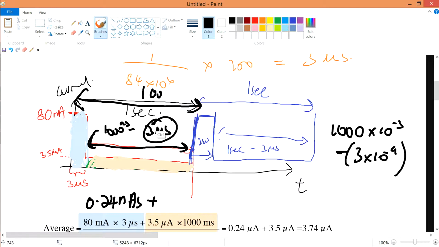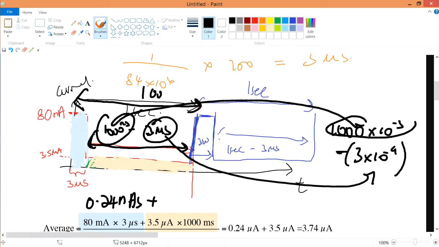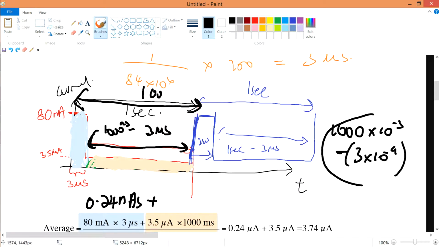This thing over here is this one. This thing over here is this one. So take a look at it. Eventually if you take this thing minus away this thing, you are still getting back this one, because this is 10 to the negative 9, very small, super ultra small.